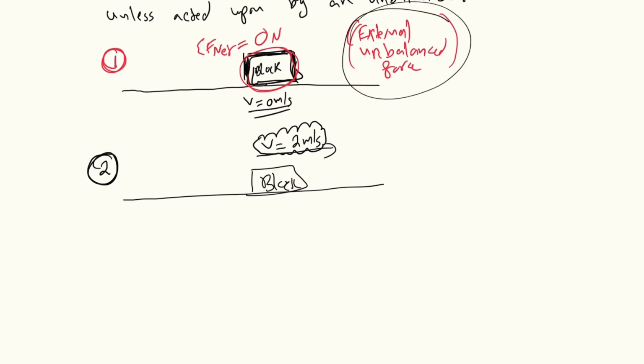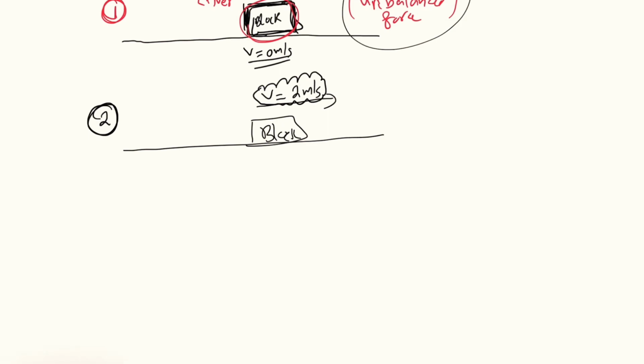So what does that mean? Let's say I have this block and it's moving to the right side with 2 meters per second. Now I apply 2 newtons to the right and 2 newtons to the left. Obviously, because they're in opposite directions, these 2 newtons are going to cancel each other out. So in other words, the sum of the forces equals 0 newtons.